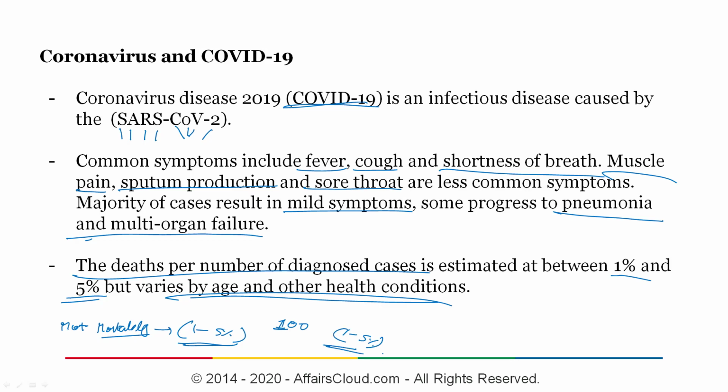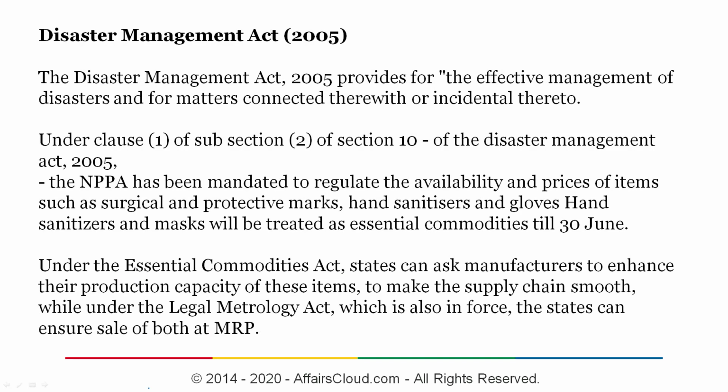Now let's take a look at the Disaster Management Act of 2005 that has been invoked by the Union government in order to tackle the ongoing coronavirus crisis. Now the draft of the act reads that the Disaster Management Act provides for the effective management of disasters and for matters connected therewith or incidental thereto.